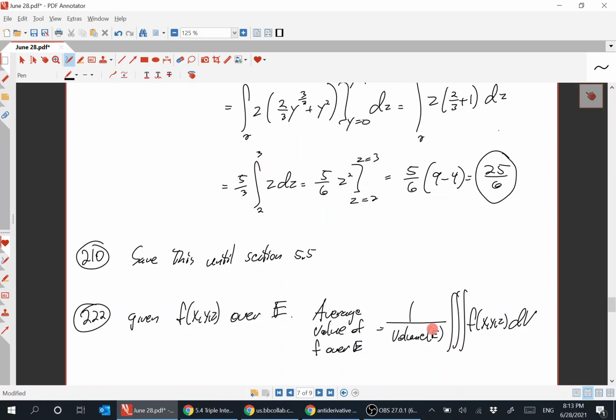So like we talked about in the last section, it's 1 over area times the double integral of f(x, y) dA. Now, through similar calculations as before, it turns into 1 over the measure of E. Since E is a three-dimensional thing, it's a volume. So 1 over the volume, triple integral of f dV.